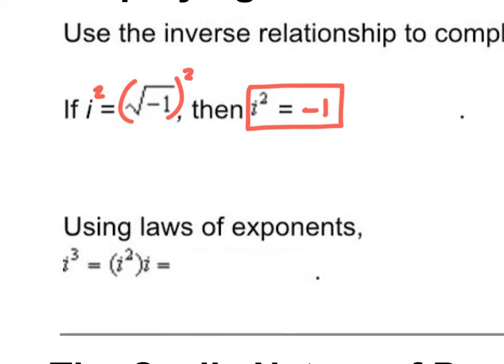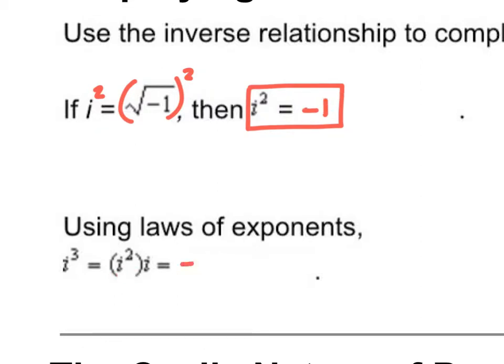Then we can use some of these ideas and expand on that. Let's say, what if we had i cubed? Well, that's just going to be i squared times i. I can split up i cubed into the product of two other numbers. Now, I know what i squared is: i squared is -1, we just found that out.